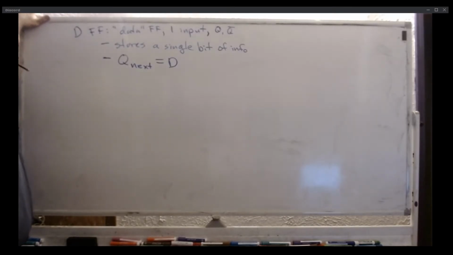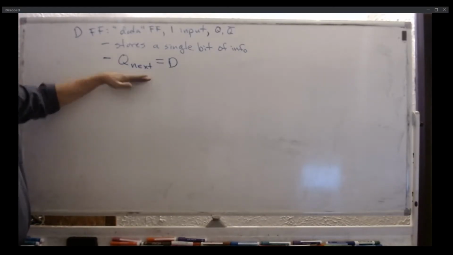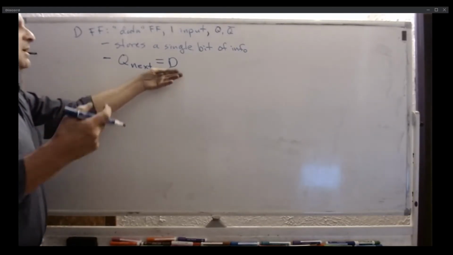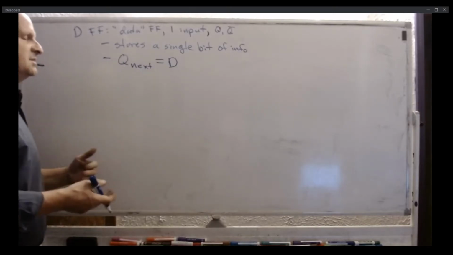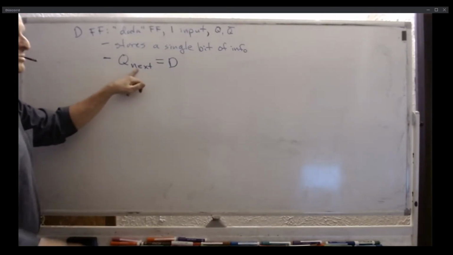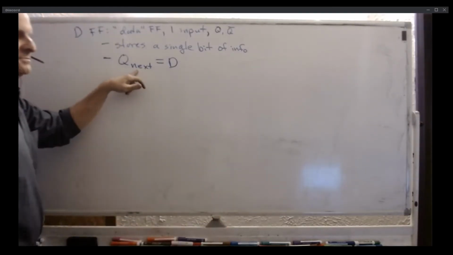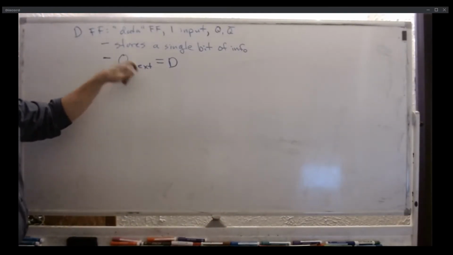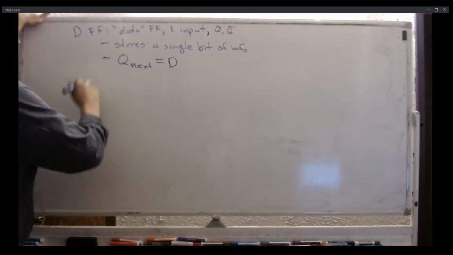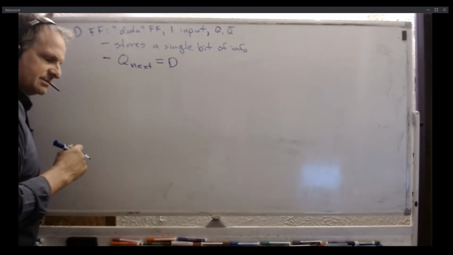That's the characteristic equation for a D. So whatever the value of D is on the active edge of the clock, that's what's going to be, we call it clocking into the flip-flop. That's what's going to be clocked in. Does that make sense, guys?